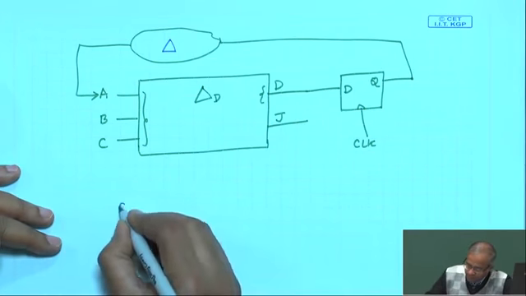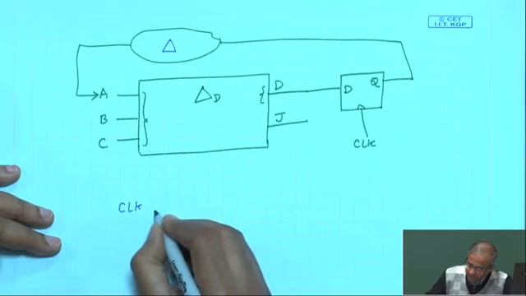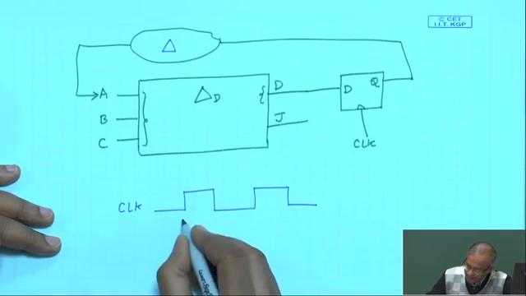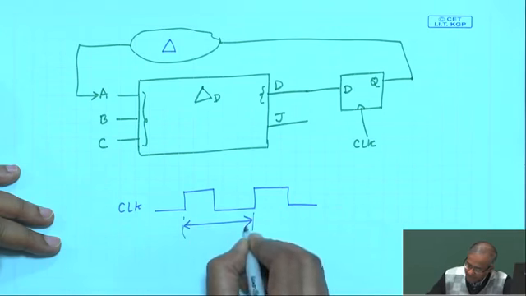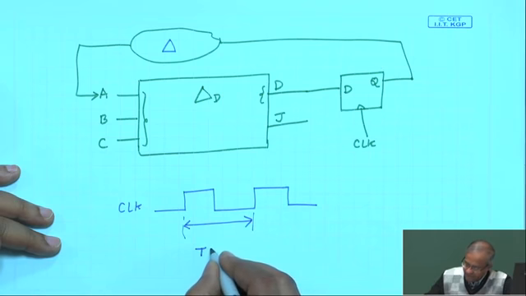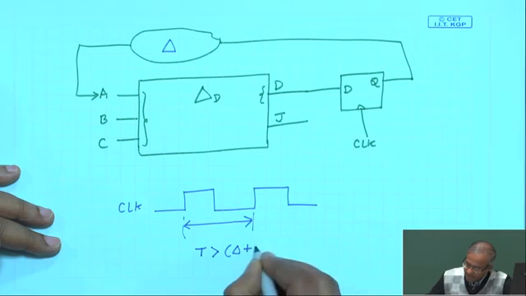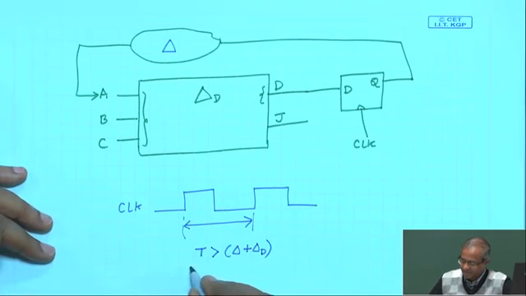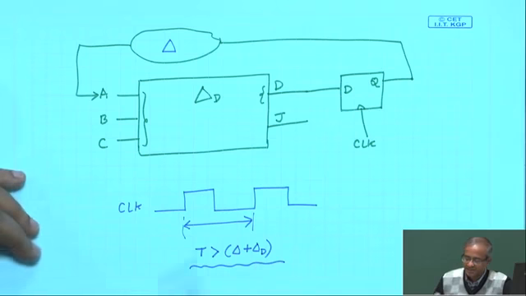So, the clock signal that you are applying, if you look at the clock period T, T obviously must be greater than delta plus delta D. This is a hard timing constraint that a circuit like this will have.